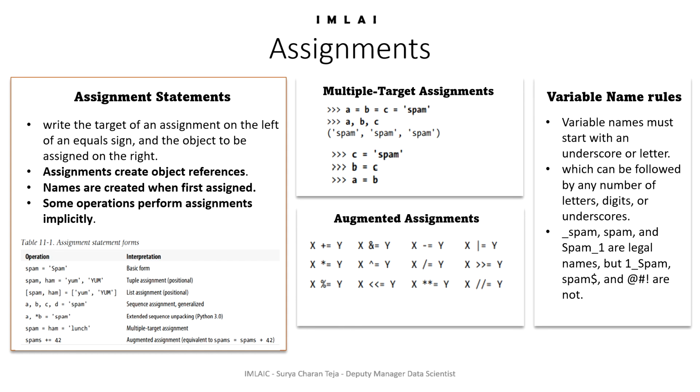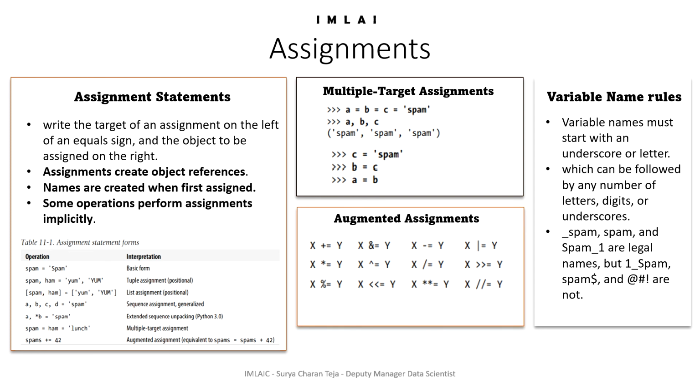Next we will move on to the multiple-target assignment form. In this form, Python assigns a reference to the same object to all the targets on the left. Here A, B, C are three different targets, but the object is one, 'spam'. Next we will move on to augmented assignments.